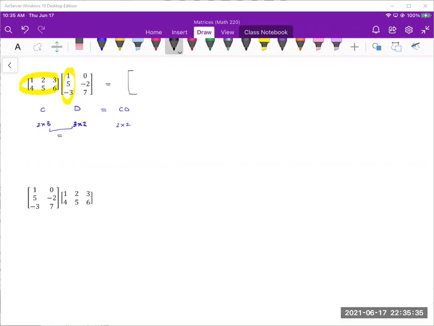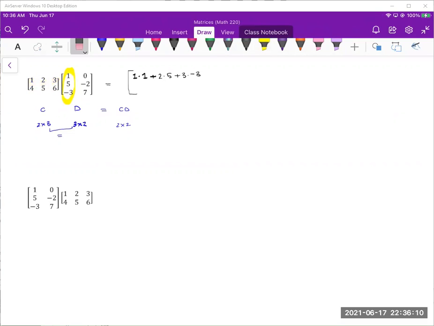In order to do this, we're going to take 1 times 1 plus 2 times 5 plus 3 times -3. So this is going to be our first entry, the first row, first column entry, we get by multiplying corresponding entries in the first row of the matrix C with the first column of the matrix D.